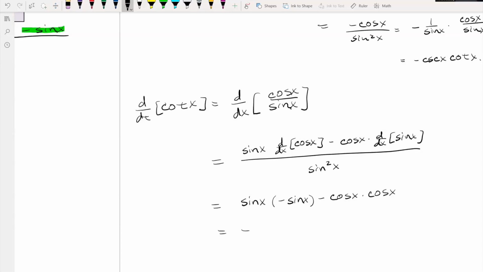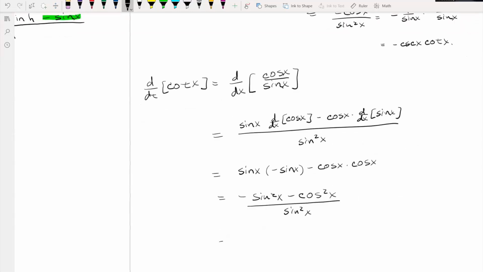So we have negative sine squared x minus cosine squared x all over sine squared x. But what do you recognize about that numerator?